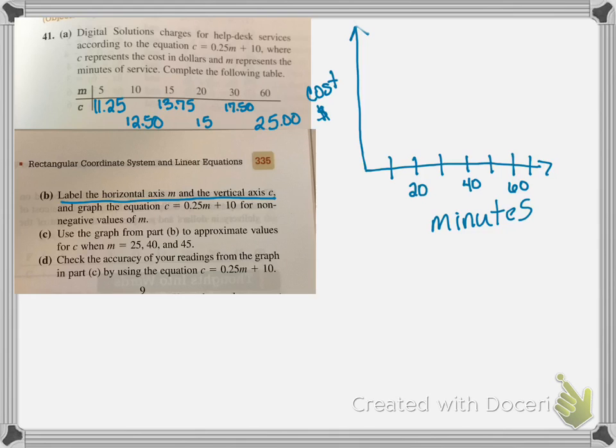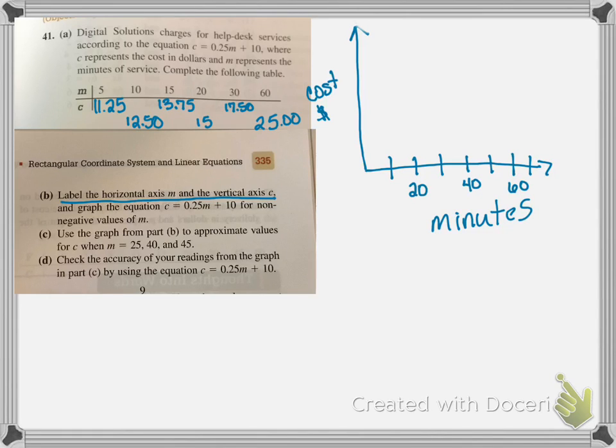What value should we put each tick mark under cost, or my Y value? I've got 11.25, 12.50, 13.75, 15, 17.50, and 25. I would do 5s. That's what I would do. Okay?